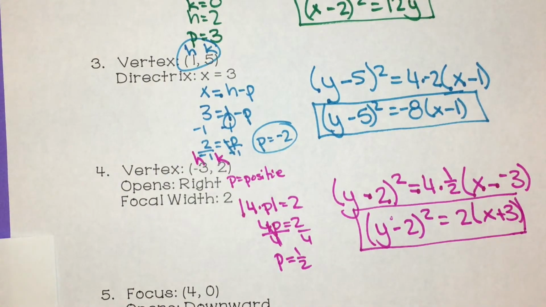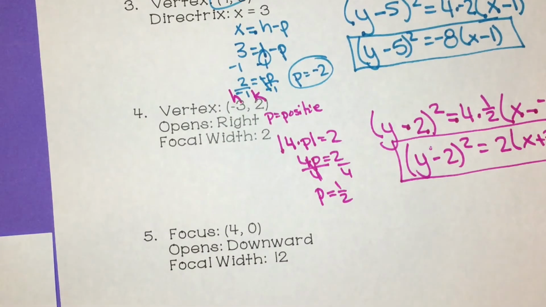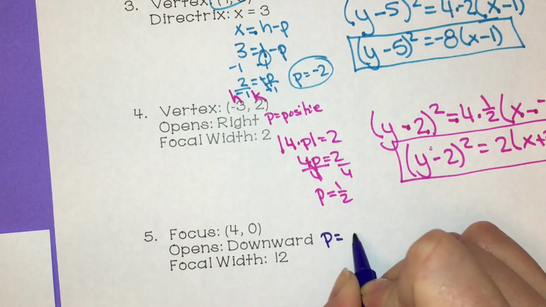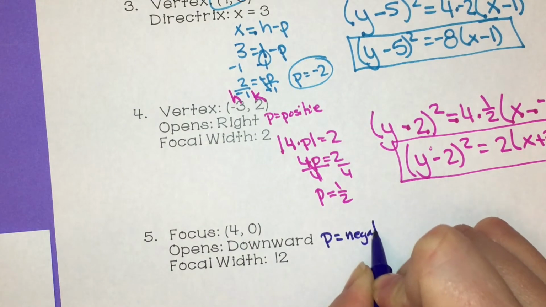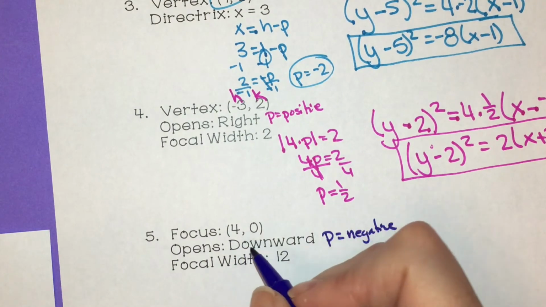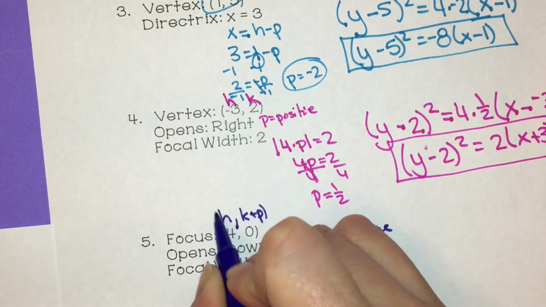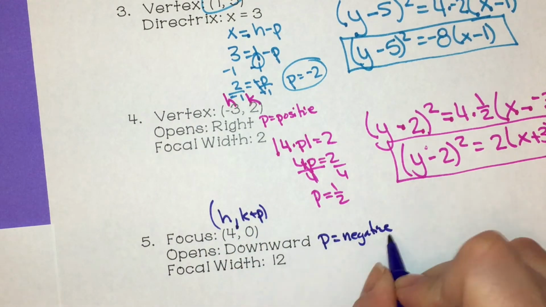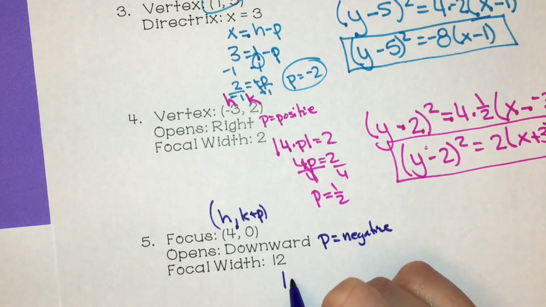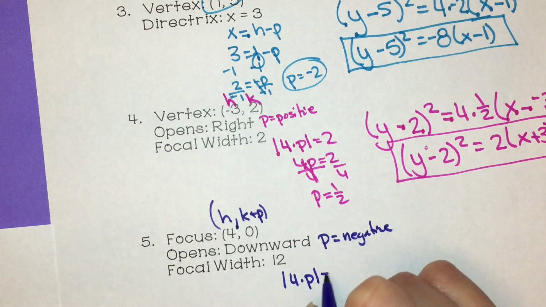And the last one, all right, opens downward, meaning I'm going to use (x minus h) squared. So if it opens downward, p is negative. My focus in this case is (h, k + p). Focal width, I know it's going to be negative, but I'm going to say the absolute value of 4 times p is equal to 12.